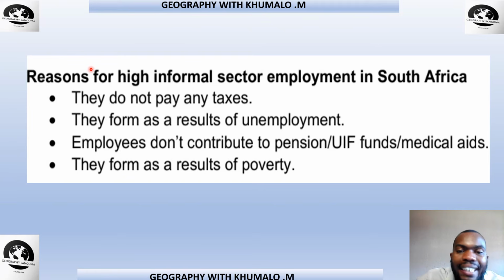They form as a result of unemployment. There is a high unemployment rate in South Africa, so people tend to have their own businesses, which are informal businesses. They are not registered. Employees don't contribute to pension or UIF funds or medical aid. So most of the private sectors, they will not contribute to pension fund or medical aid.